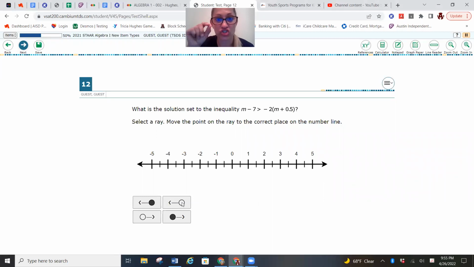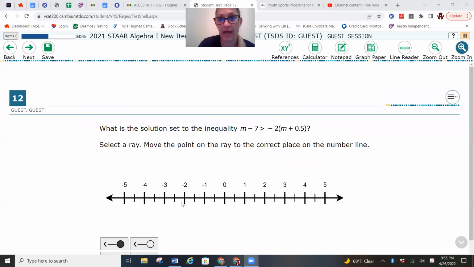Again, this is solving. So I'm going to zoom in. And now I'm going to multiply. Negative 2 times m is negative 2m. Negative 2 times half is negative 1. I'm going to move the m's to the same side. If it's an m on the left and a negative 2m on the right, I'm going to add 2m.